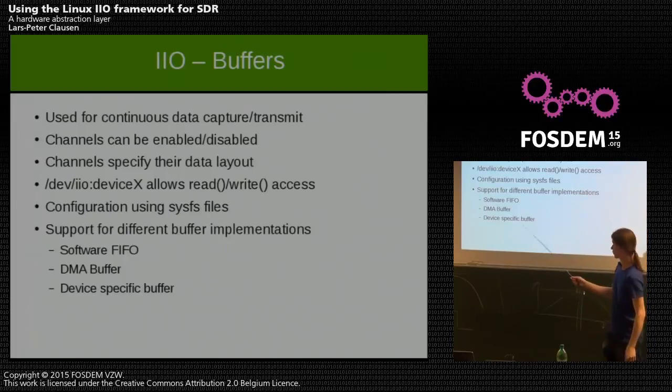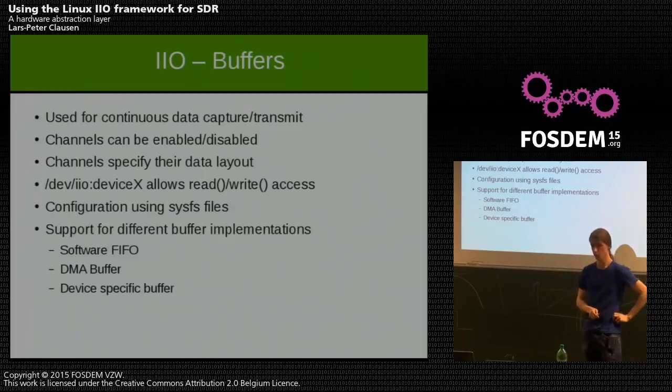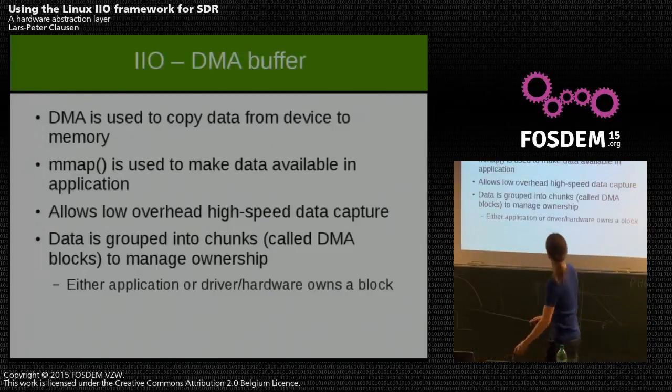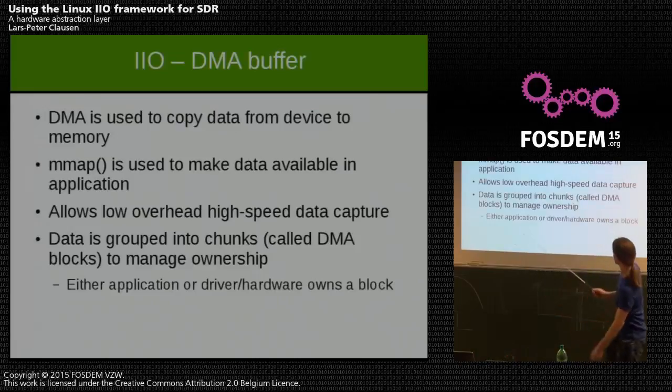But of course, this is not going to work in the SDR context where we have mega samples per second. You can't have one interrupt per sample if you are running multiple mega samples per second. So for this, we have DMA buffers. The way DMA buffers work is you have a DMA controller, which is used to copy data from your converter into a memory region.